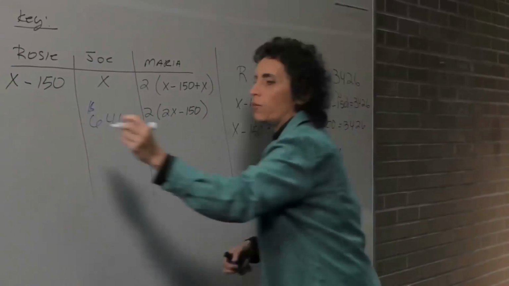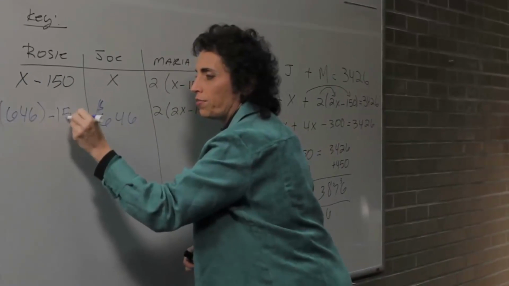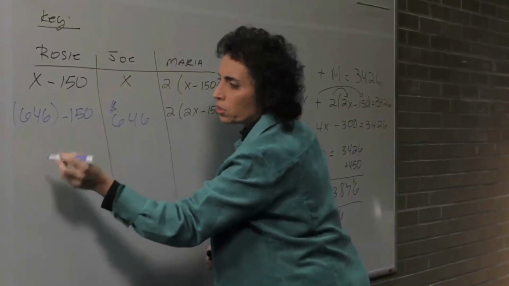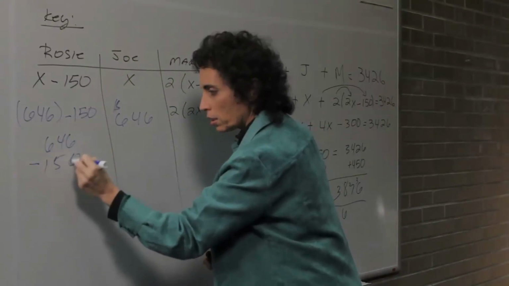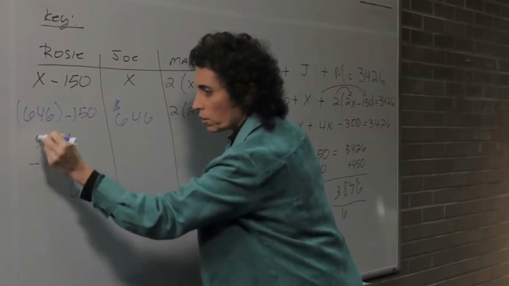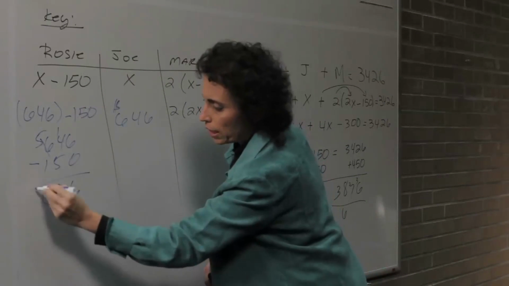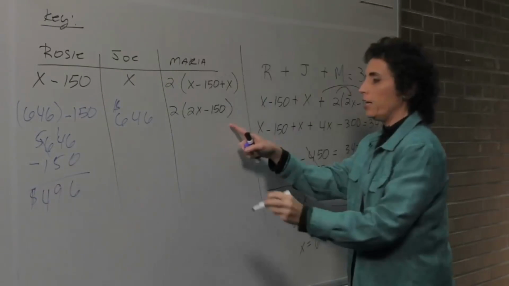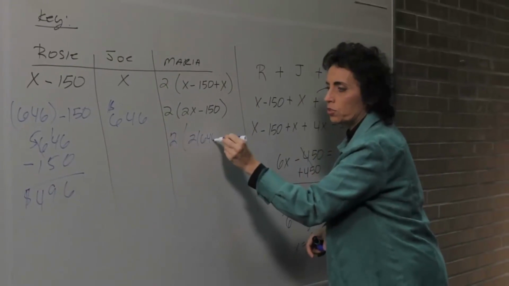And now here we have 646 minus 150, which is 496. And here, oh, X is 646.